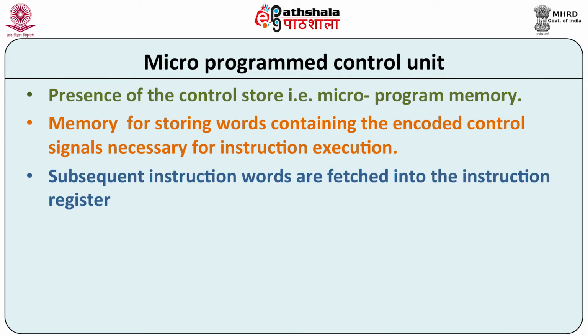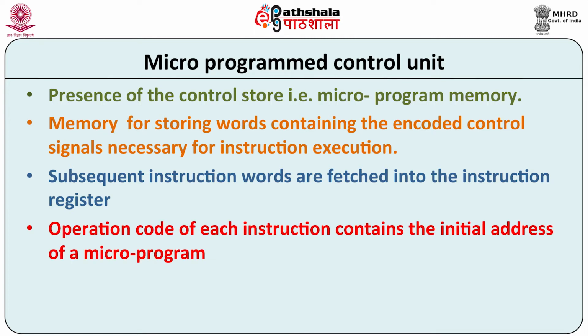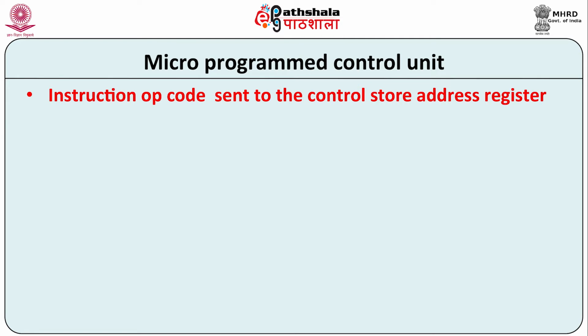In a microprogrammed control unit, subsequent instruction words are fetched into the instruction register by the usual technique. However, the operation code of each instruction, if not directly decoded, contains the initial address of the microprogram contained in the control memory. The instruction opcode from the instruction register is sent to the control store address register.